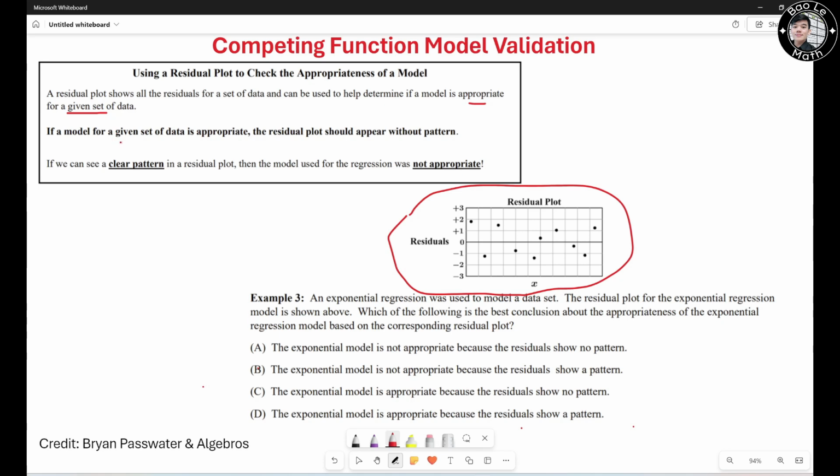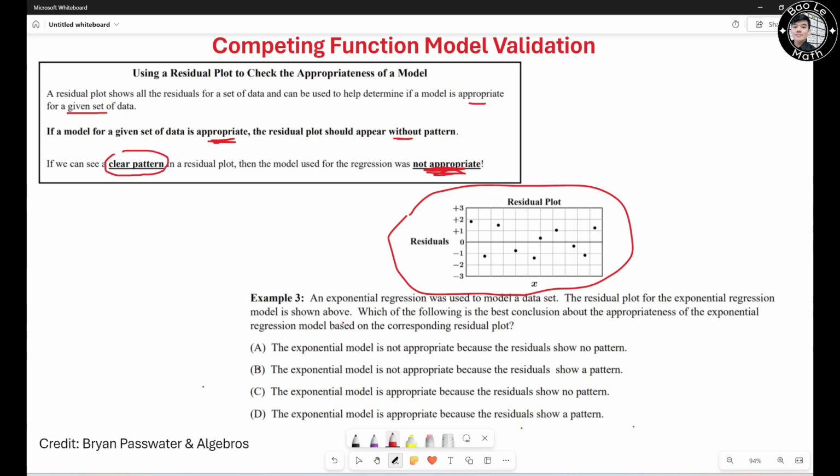Now, if a model for a given dataset is appropriate, the residual plot should appear without pattern. Okay? If a model for a given set of data is inappropriate, the residual plot should show a clear pattern.